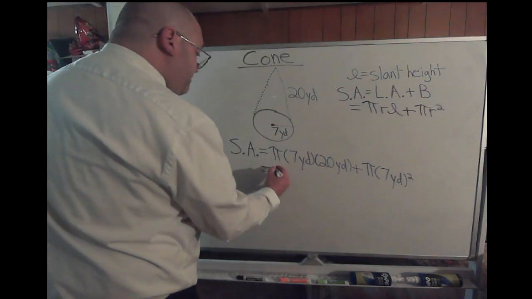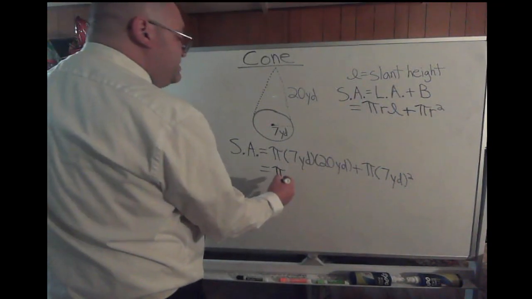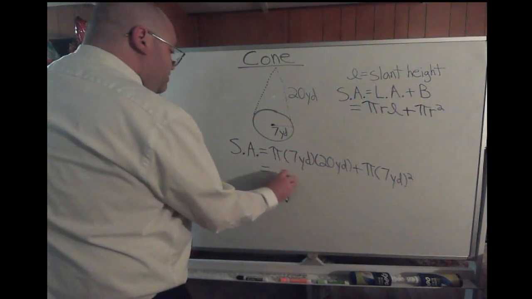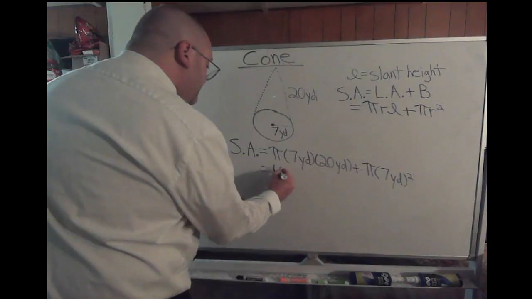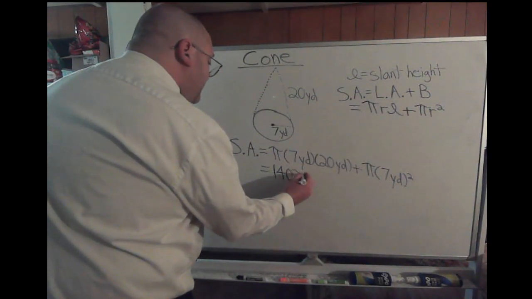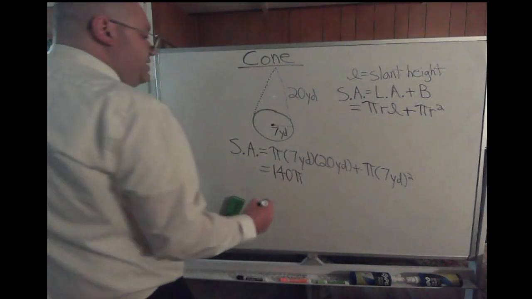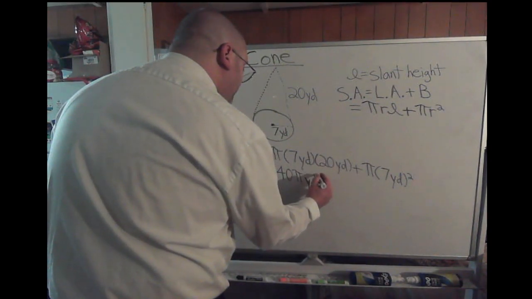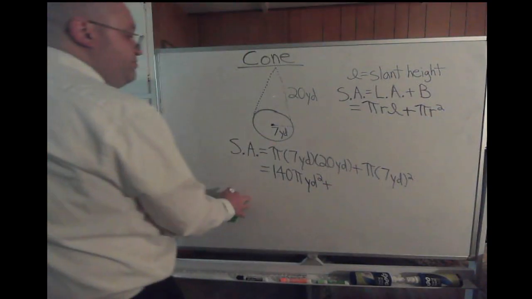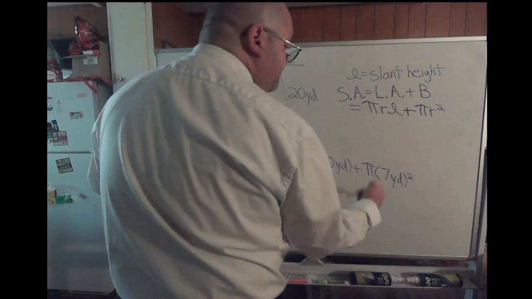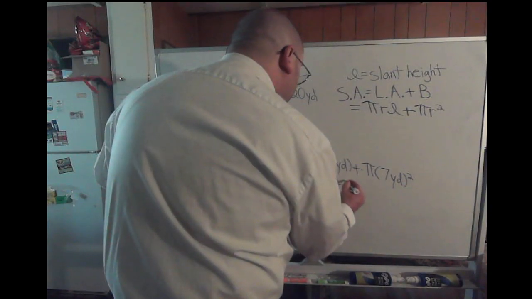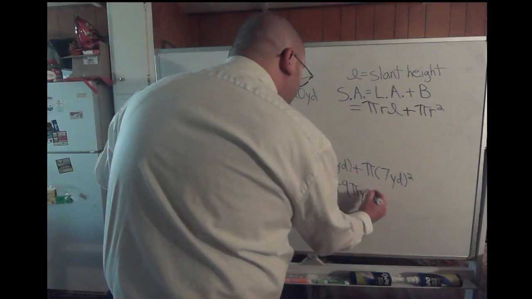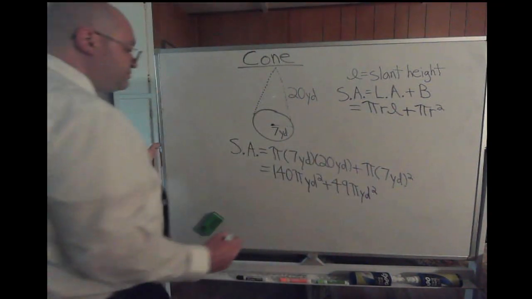Let's leave pi on the outside, but let's do our multiplication. 7 times 20, that's 140, which would be 140 pi. Until you're ready at the end, I would treat pi almost like a variable. You'll have 140 pi square yards. Plus you'll have pi times 7 to the second power, that's 49 pi, square yards.